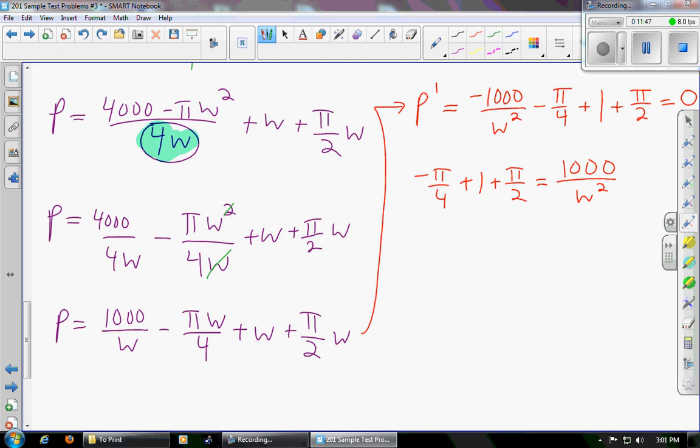But in order to solve this equation, I feel like I need to multiply both sides by w squared to get that w squared out of the bottom. So we're going to get w squared times this whole big mess. Again, it's just going to be a decimal. And the w squared goes away on the right, so it's just equal to 1,000. So to solve for w squared, what should we do to both sides? Divide by that mess in the parentheses.